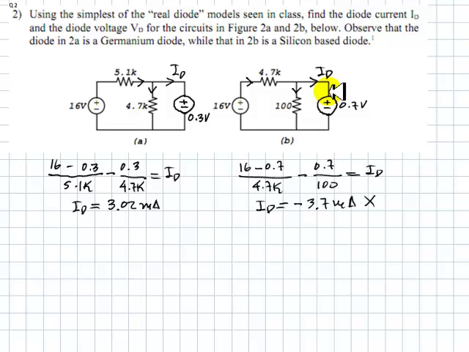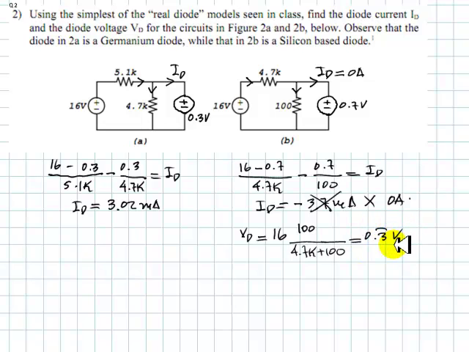What that signifies is that the diode actually is open and the current is 0 amps. If the current here is 0 amps, then what we have is a voltage divider of 16 volts between those two resistors, and the voltage in the diode in that case would be 16 times 100 divided by 4.7 kilo ohms plus 100 ohms, 1/3 of a volt.